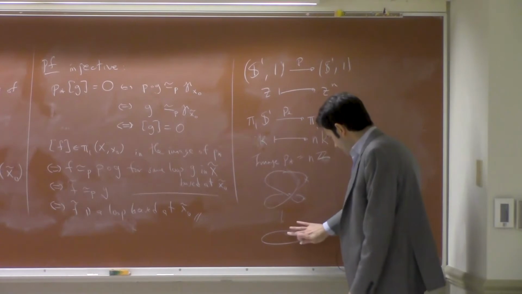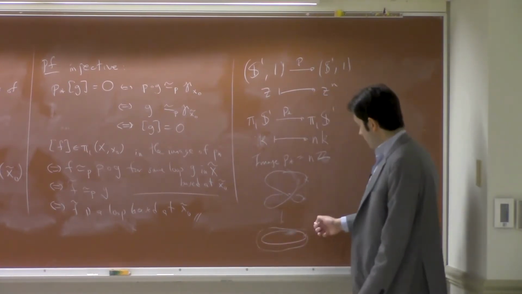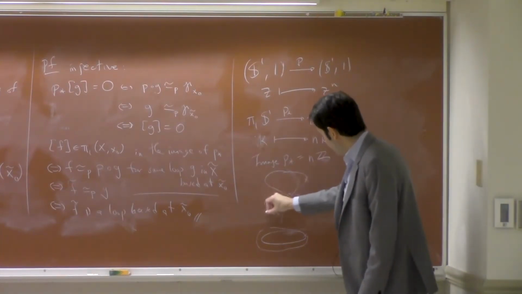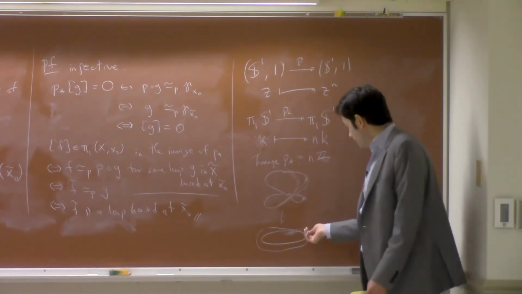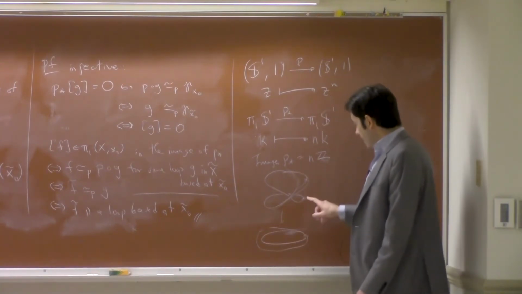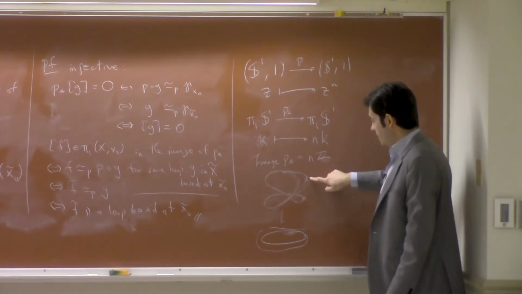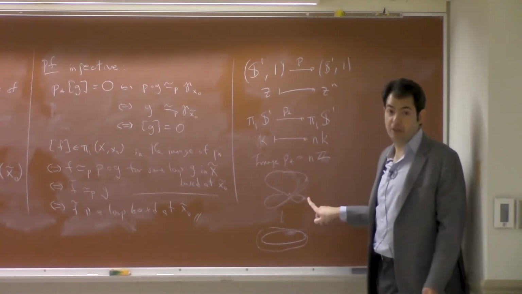If I have a loop that goes around here once, then when I lift it, starting at this base point, it's just going to go around until it gets to the other base point, and it'll stop there. But if I have a loop here that goes around twice, then up here it'll go from this base point first to this one, and then the other time around it goes from this base point down to this one, and so it ended up with a loop.